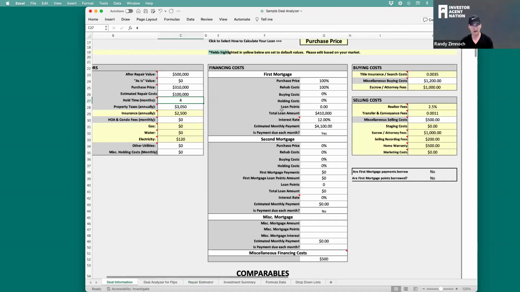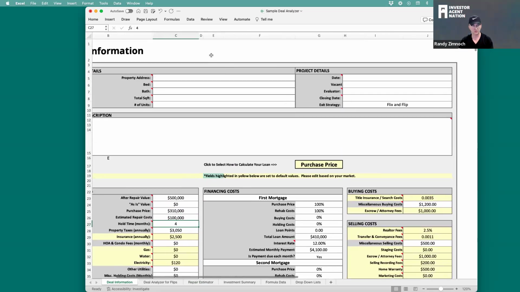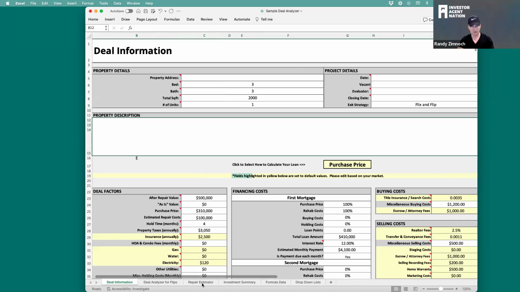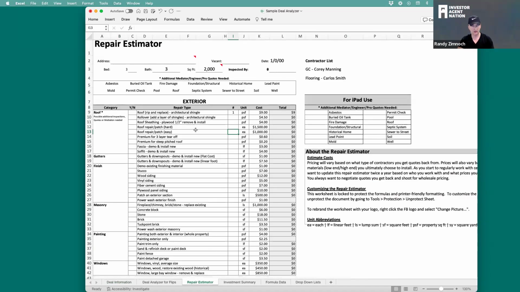I didn't fill this in, but if I put in the square footage right here, I think it was almost 2,000. It's one unit, 2,000, 3 bedrooms, 3 baths. But if you go to the repair estimator and you put roof, yes or no, it should auto calculate.